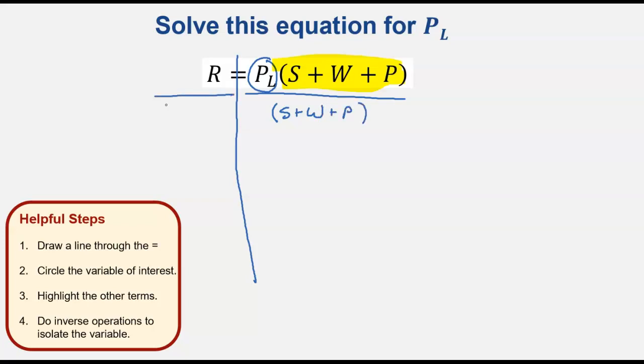We'll need to do that on both sides. But now look at this. This whole thing will cancel, and this whole thing will cancel. Well, that was actually pretty easy. This is a single step. So we have R over S plus W plus P, and that equals P sub L. So that was actually not as hard as it maybe seemed like it was going to be.